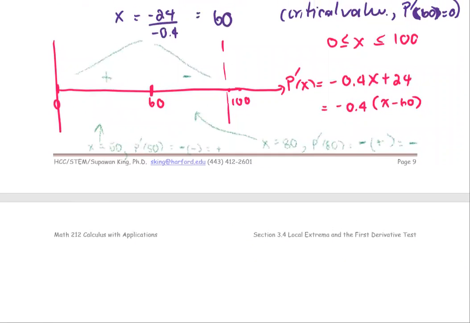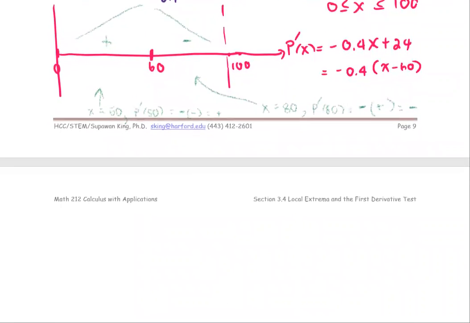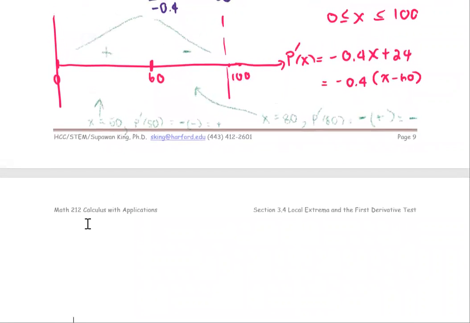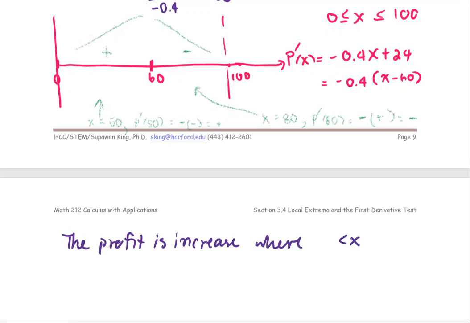Because the problem asks you to find the interval where the profit is increasing and decreasing, we can say the profit is increasing where x is between 0 and 60, and decreasing where x is between 60 and 100.